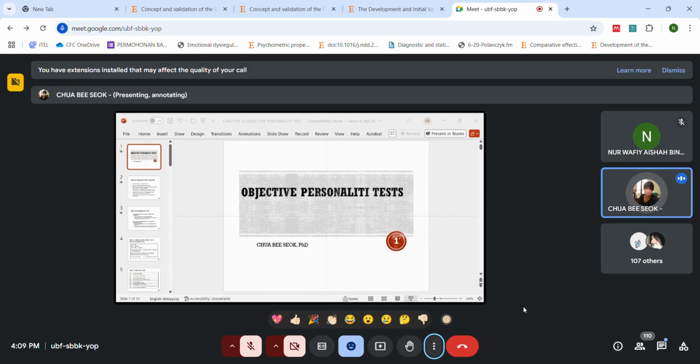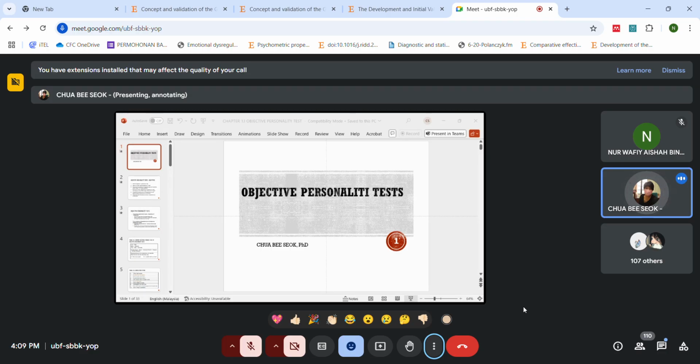For the projective personality test, the answer is subjective, so scoring is based on the judgment of the examiner.